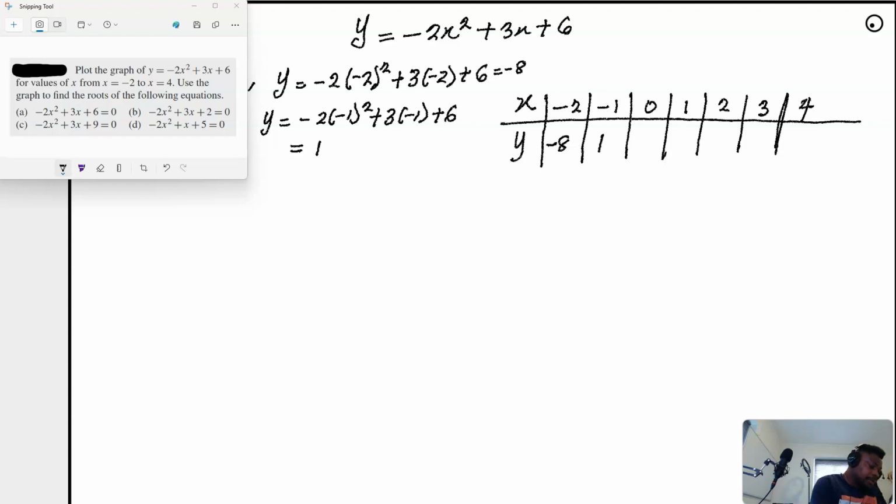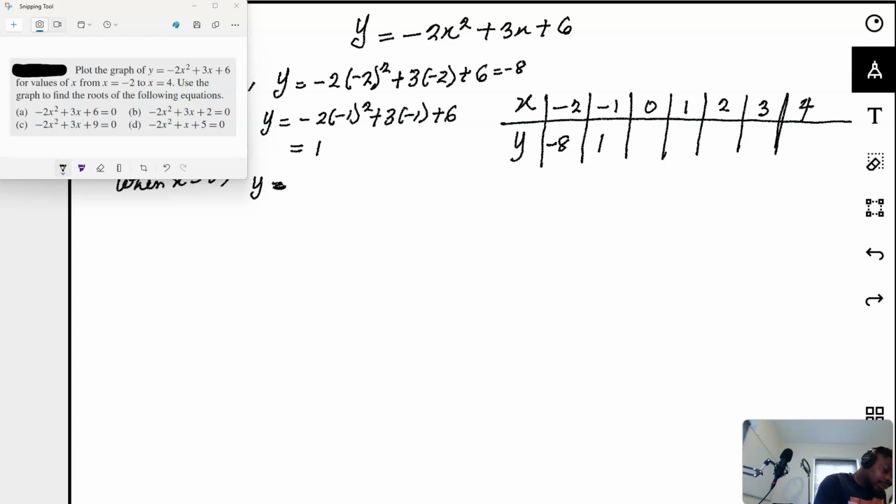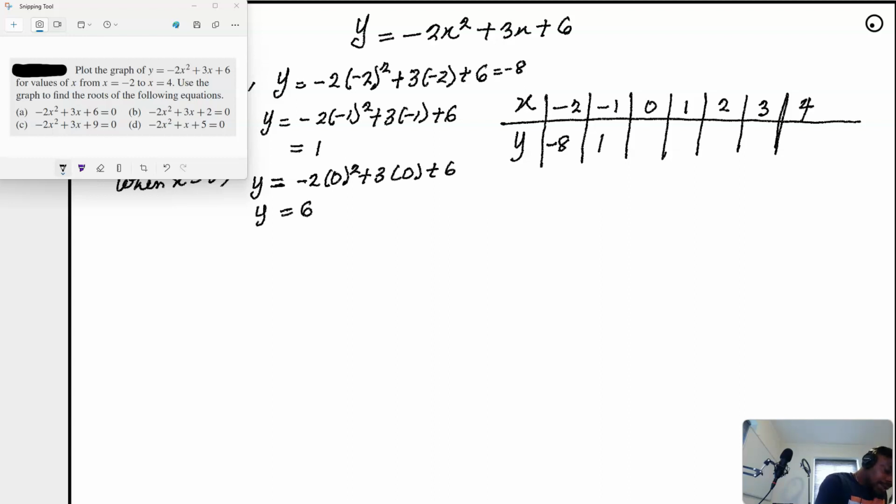Then I use 0. If I use 0 here, that is 0. This is 0. So that will be 6. So when x equals 0, y is equal to minus 2 times 0 squared plus 3 times 0 plus 6. So this will be 6. So when x is equal to 1, minus 2 times 1 squared plus 3 times 1 plus 6.